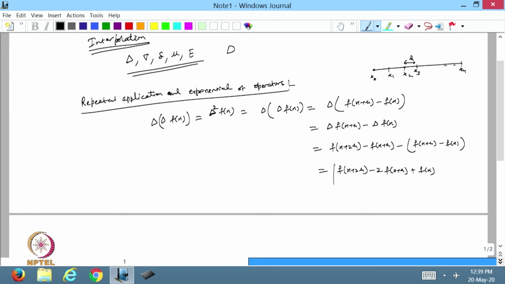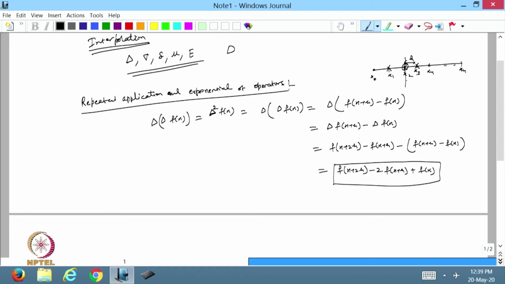In this case you can see that when we apply this forward operator 2 times, the function is involved at 3 points. If I know the value of the function at x 3, x 2, x 1 only, then I can take the second forward operator at the value x 2, because I have to go further, not only to x 3 but even x 4, since wherever I am applying the operator I have to go 2 steps further.